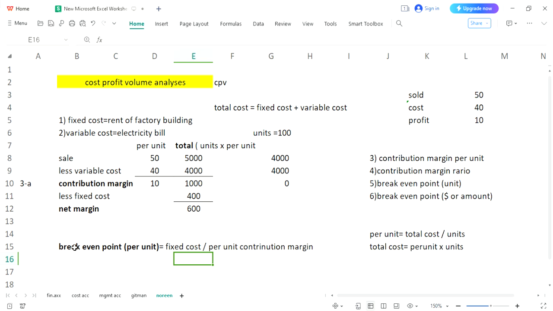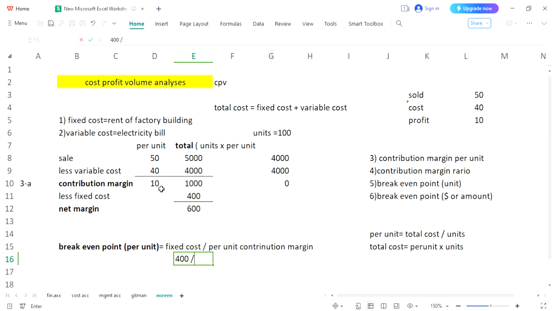And we are going to calculate over here your fixed cost, which was 400. This was just an example and we are taking the same example. And you are going to divide it with per unit contribution margin. Here you have seen in this line there were two contribution margins, 10 and 1000. 10 was calculated through per unit.